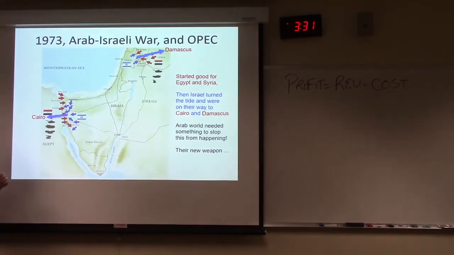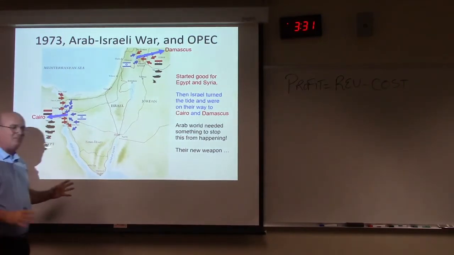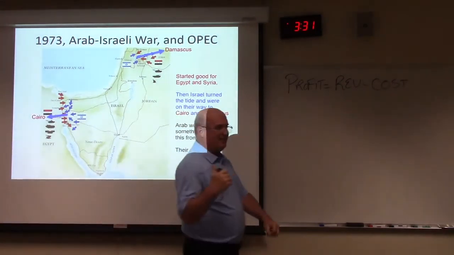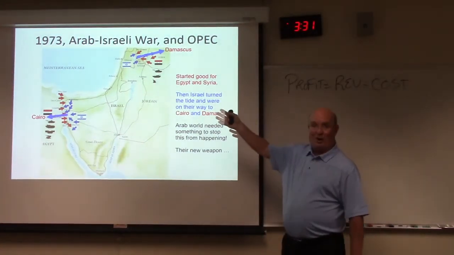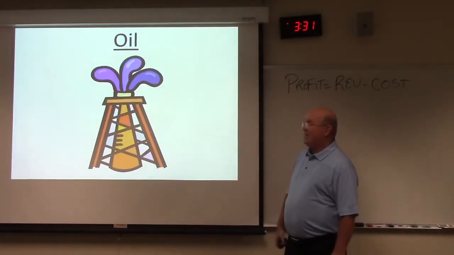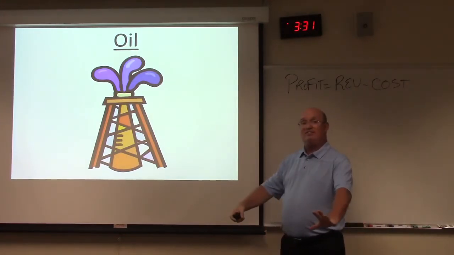And Syria and Egypt all of a sudden went, oh, wait a minute, stop. We need a ceasefire. Well, Israel didn't want to do that. They wanted to go ahead and end things and stop the war. But they decided to use oil.